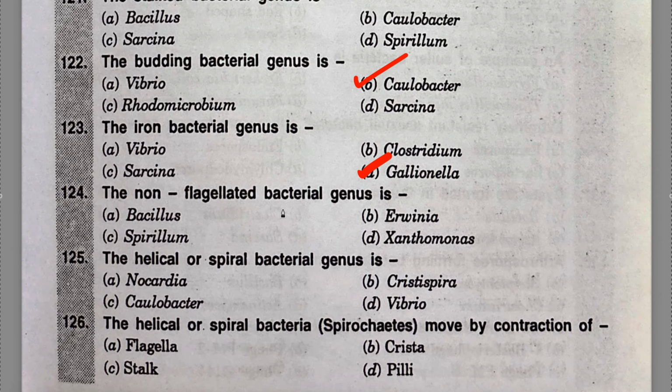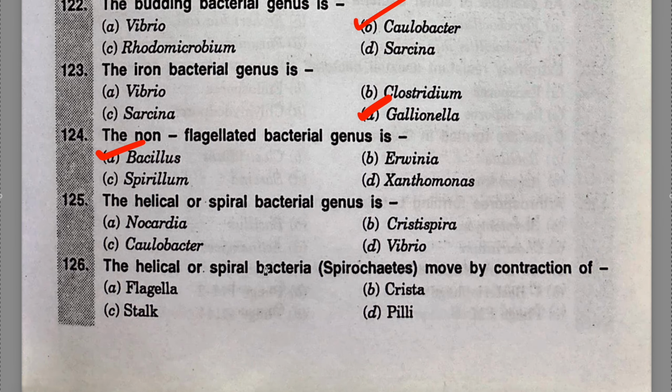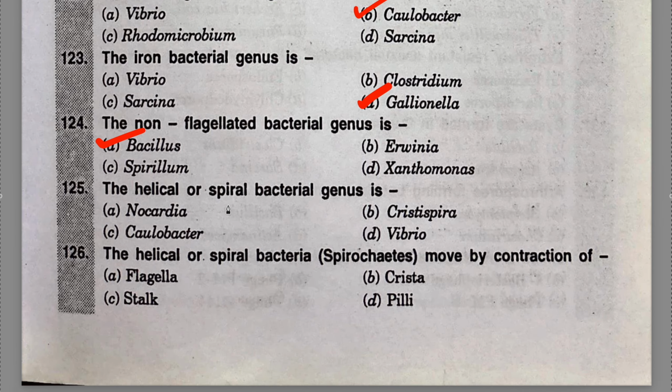124. The non-flagellated bacterial genus is Bacillus, Erwinia, Spirillum or Xanthomonas. Answer is option A. 125. The helical or spiral bacterial genus is Nocardia, Cristispira, Caulobacter or Vibrio.